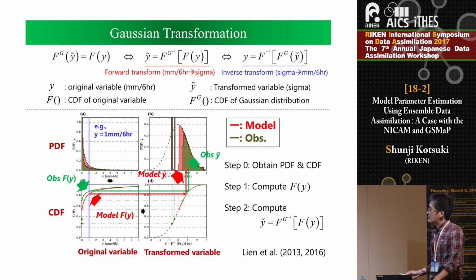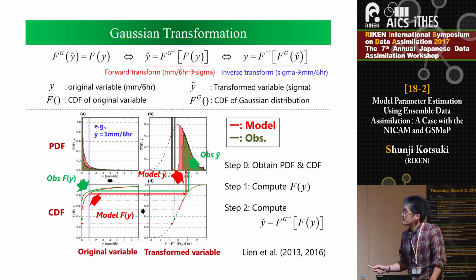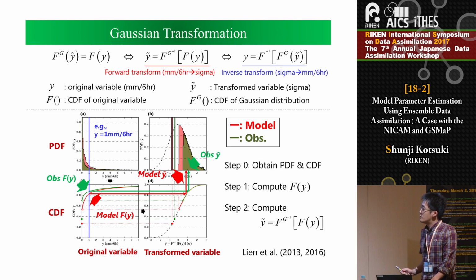This correspondence is written in this equation, and based on this CDF value, we obtain the standard deviation of the event based on the Gaussian distribution. Here, the y tilde of the observation and model are different. Even if the observation and forecast are the same, we have a different standard deviation because they have different precipitation records. So the key point is how to produce this PDF of the precipitation.